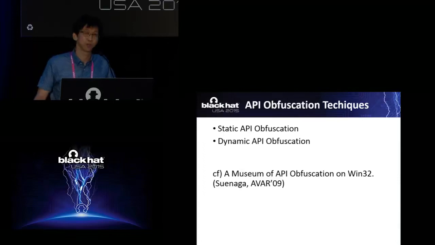In dynamic API obfuscation, the packed executable file contains some runtime obfuscator, and that expands API function code into some memory area. And you can find more API obfuscation techniques in our Museum of API Obfuscation on Win32 of Symantec.